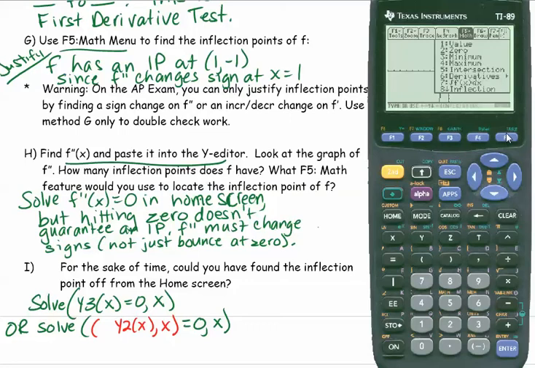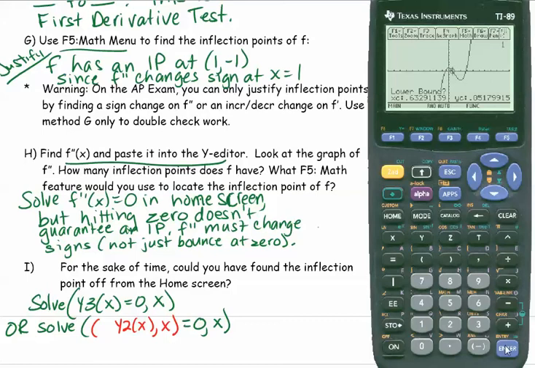Well, again, our F5 math menu has inflection point as one of the choices, and it's another one of those things that you can't justify on your test paper. You can't say, I let the calculator do the work for me, but it doesn't mean that you can't use this.